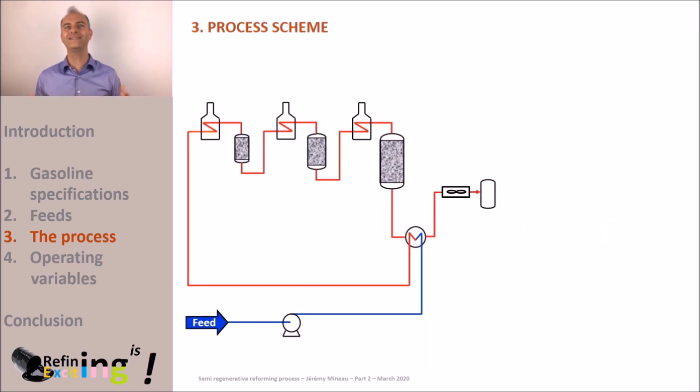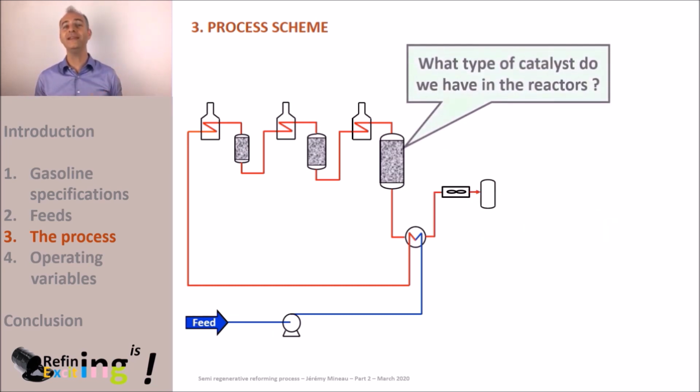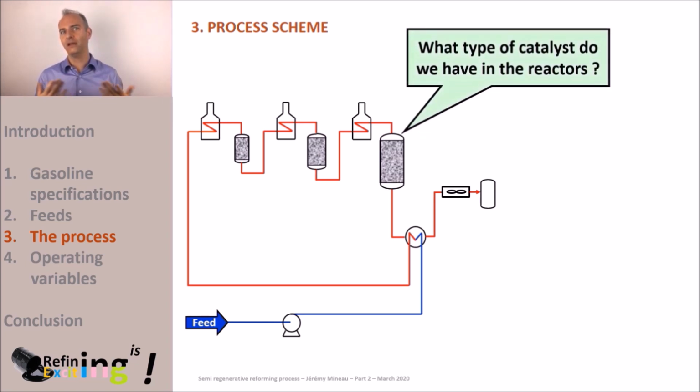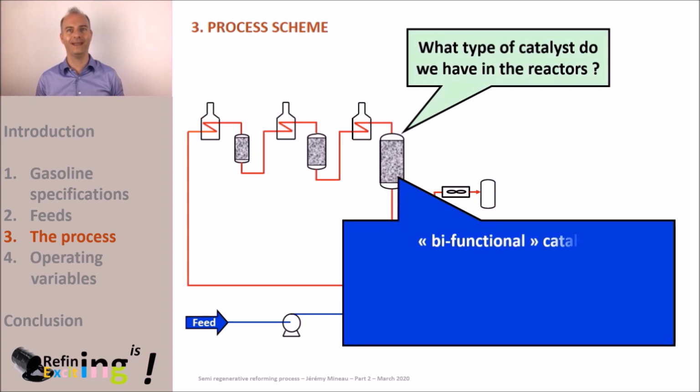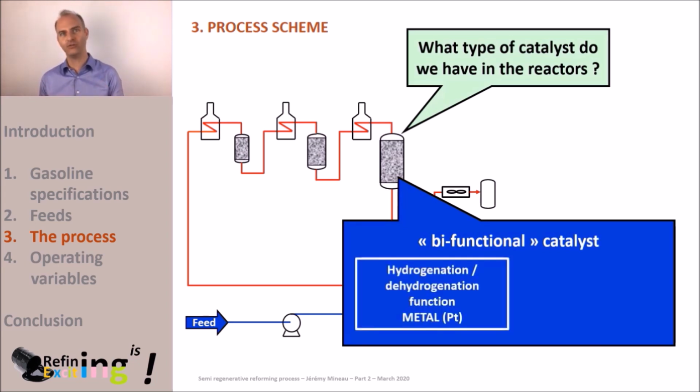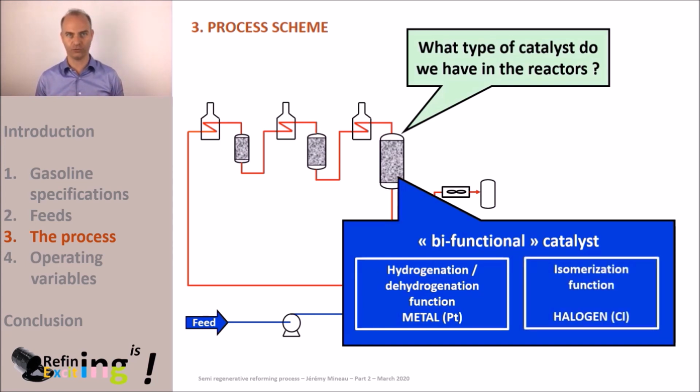So, what type of catalyst do we use in the reactor? In fact, we use a catalyst known as a bifunctional catalyst. The point is to have a hydrogenation dehydrogenation function and also an isomerization function. The hydrogenation dehydrogenation function is provided by the metal, while the isomerization function is provided by an acid group.